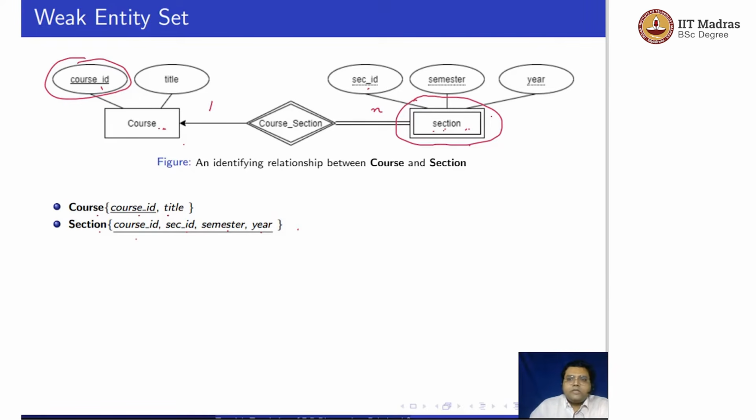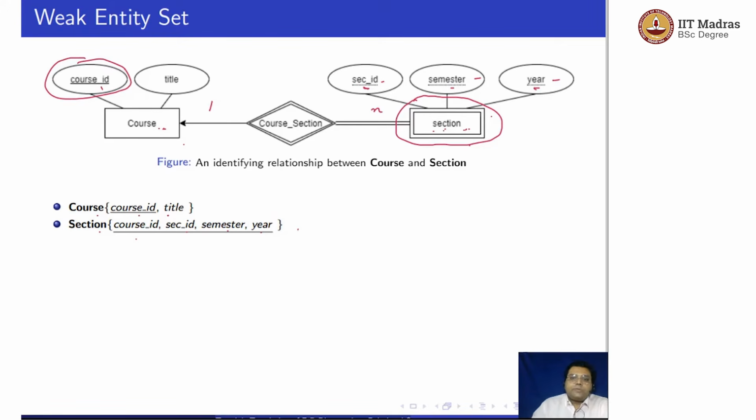Now, as it is a weak entity, it's supposed to have a partial key, right? So partial keys are underlined with a dotted line. You can see this partial key is a composite key here. The partial key is made of three attributes: section ID, semester and year.